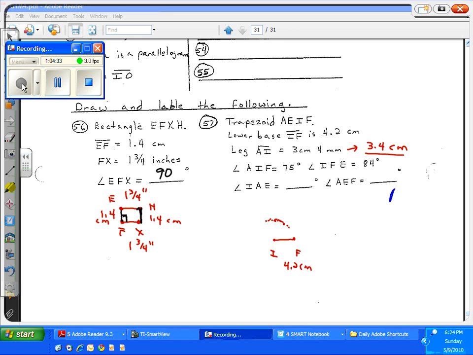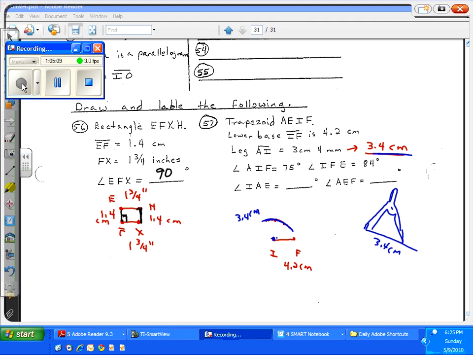Well, what we're going to do is we're going to get our protractor, our compass, excuse me, and we're going to open it up to 3.4 centimeters. We're going to put the point here and the pencil here, and we're going to make an arc that's 3.4 centimeters away from point I. But then we want to get our angle right.